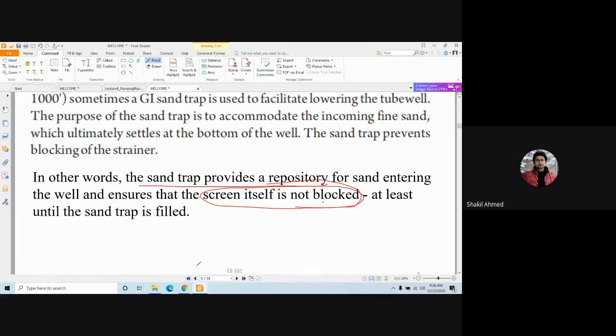Clear? So we don't want the screen to be blocked. That's why we use a sand trap. Yes, sir. At least until the sand trap is filled.